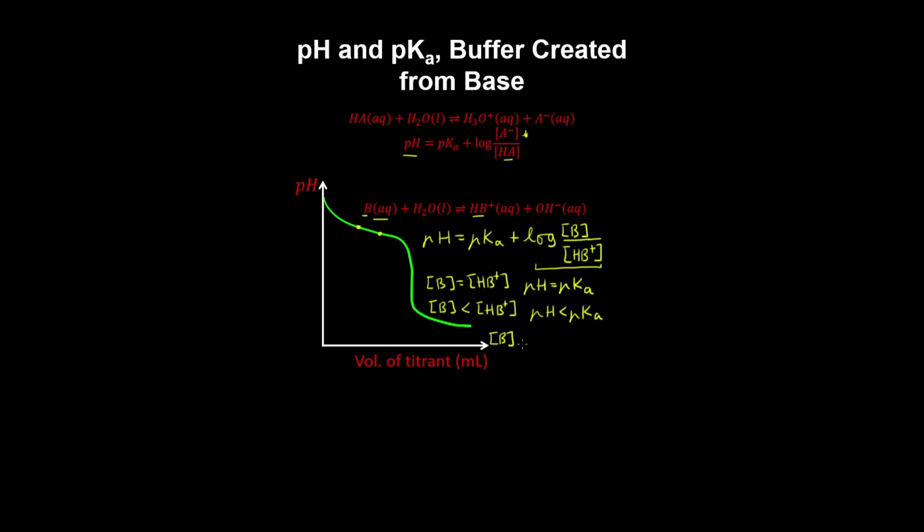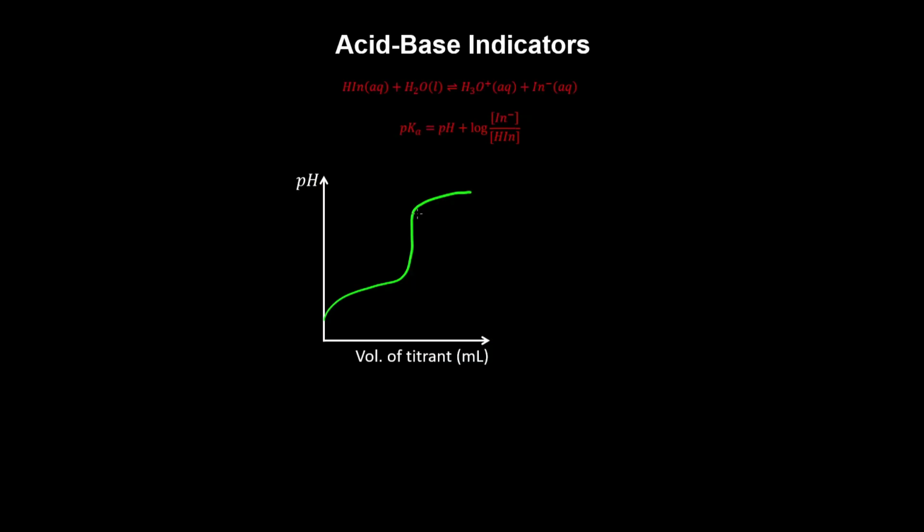And if the concentration of the base is greater than that of the conjugate acid, then this term here will be positive, and the pH would be greater than pKa, indicating the solution is more basic. Acid-base indicators are weak acids that change color according to Le Chatelier's principle.